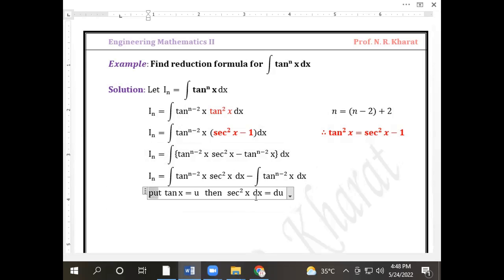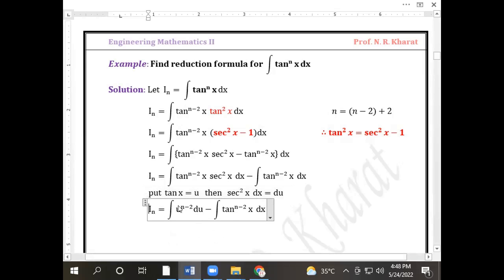Then we have to solve the first integration. If we put tan x equal to some variable u, the derivative is sec square x dx equal to du, so we change the variable x by assumption equal to u.